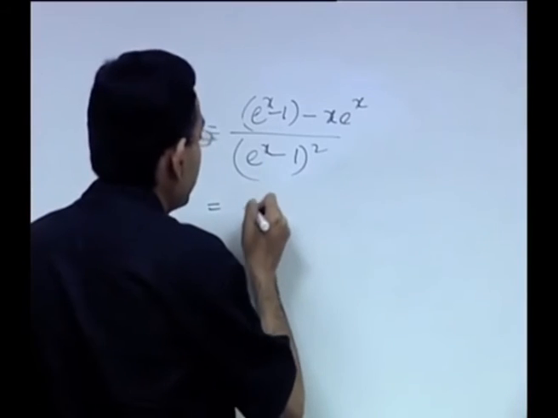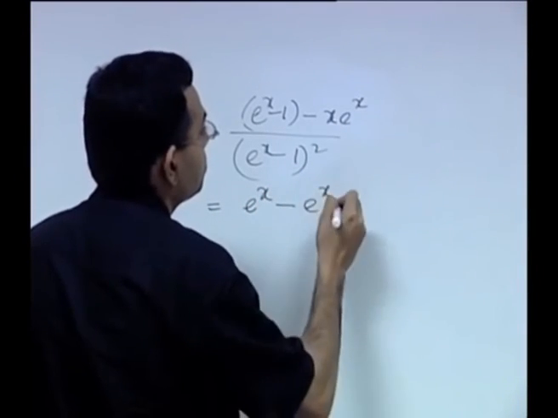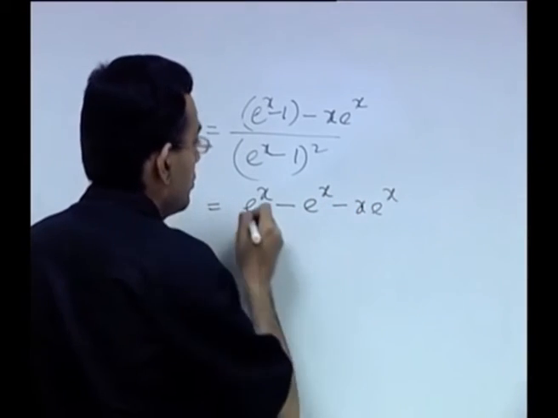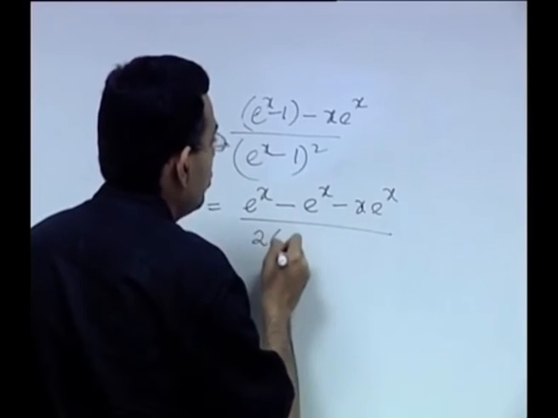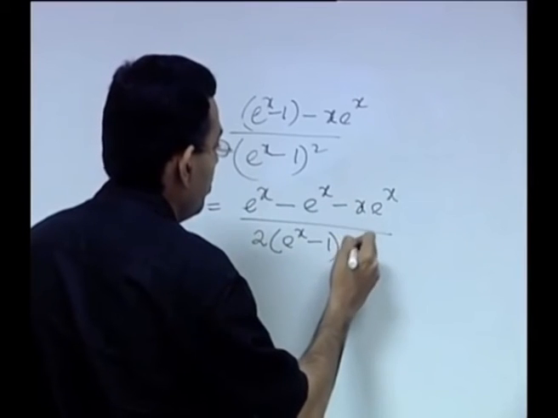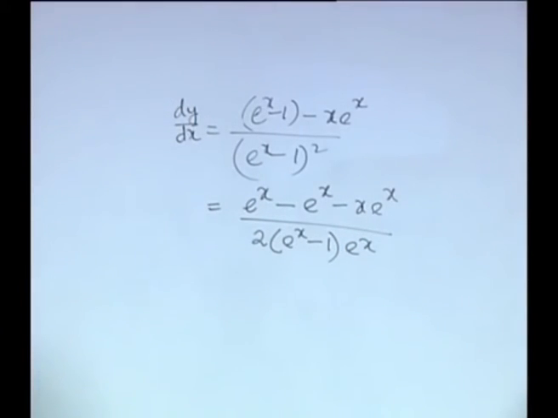So, e^x minus e^x minus x e^x, divided by 2 into (e^x − 1) into e^x. Okay.